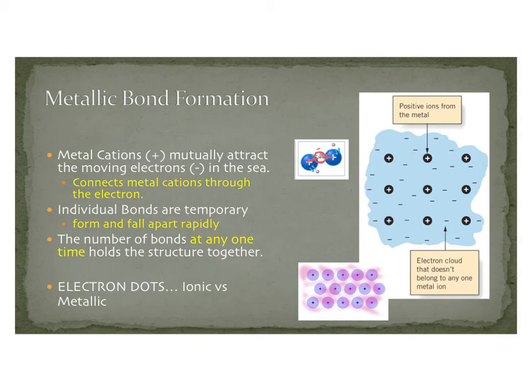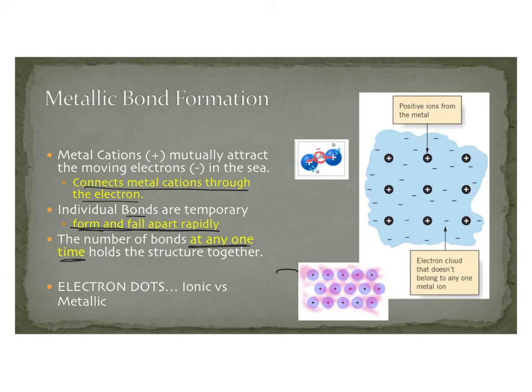So the metal cations mutually attract the moving electrons in the sea. This connects the metal cations through the electron. Those individual little connections, those individual bonds, are temporary. They form and fall apart rapidly as the electrons move around. However, the number of bonds at any one time in the structure holds it together.